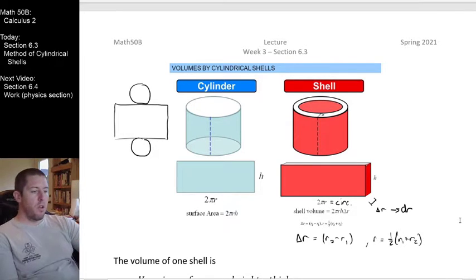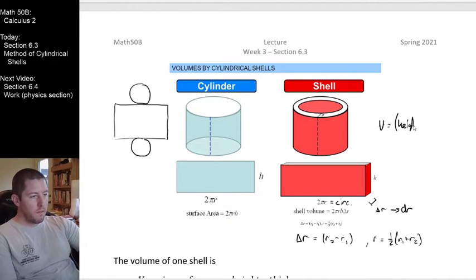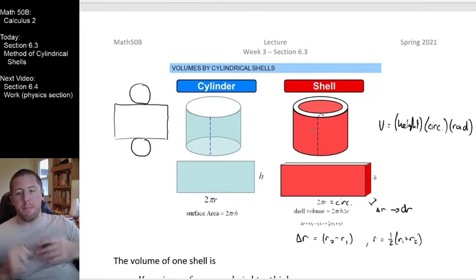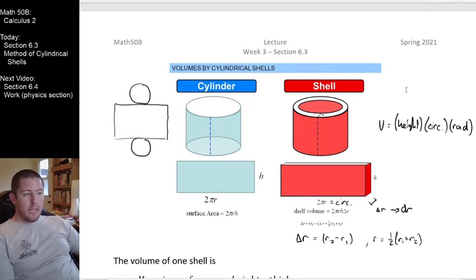So the total volume of this is going to be height times circumference times radius. Those 3 things give us the volume of this block, and the volume of this block is the same as the volume of the shell. It's just been unwrapped. So I can see how we're going to compute the volume of one single shell.